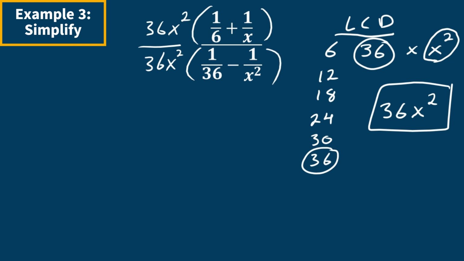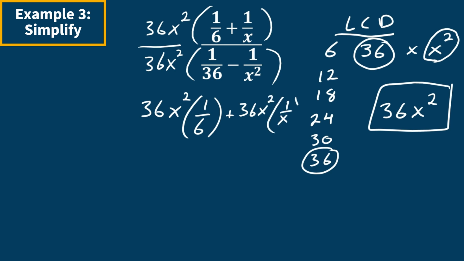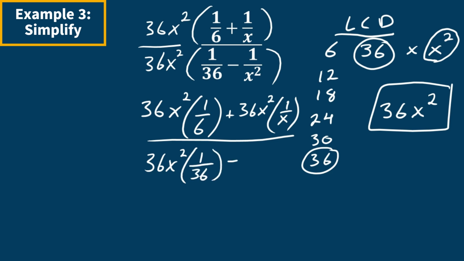The top fraction is going to be 36x squared times 1 over 6 plus 36x squared times 1 over x, divided by 36x squared over 1 over 36 minus 36x squared times 1 over x squared, like that. Let me delete some of these so it's not in our way.